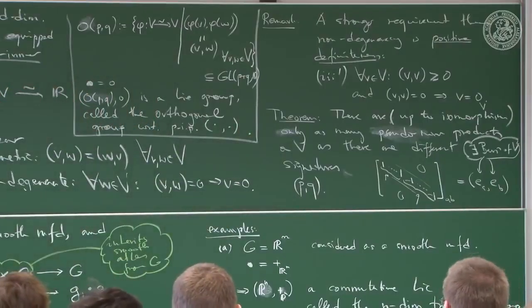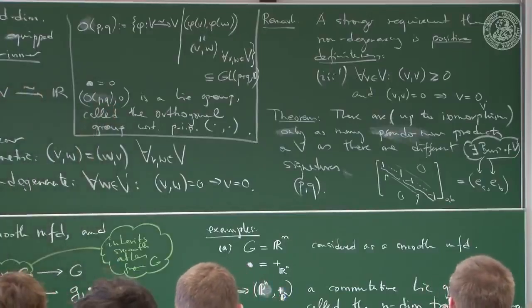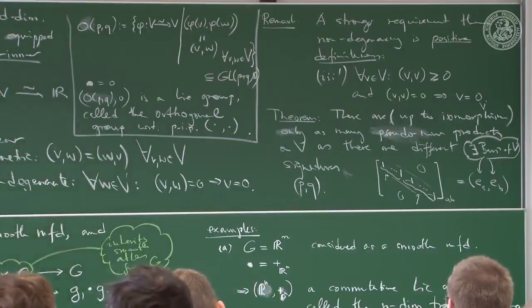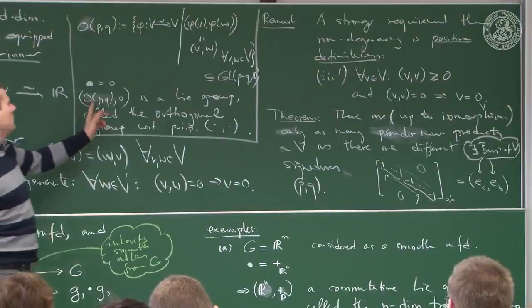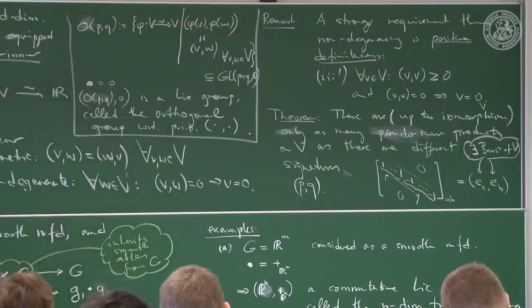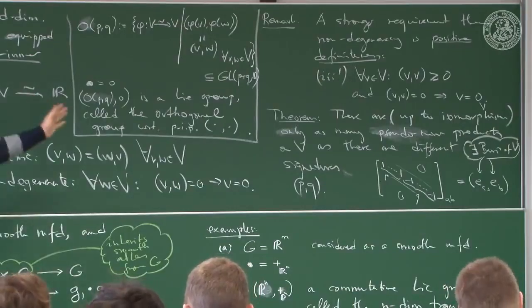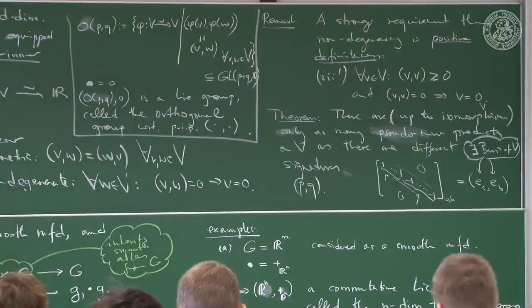For instance, O(1,3) is called the Lorentz group in relativity, or O(3,0) is just the rotation group. So you saw all of this before, but now it's recognized as a Lie group.